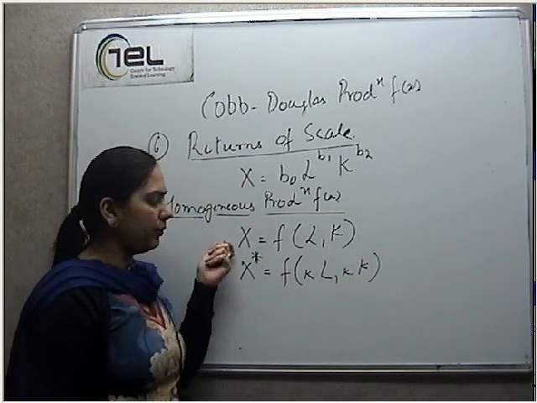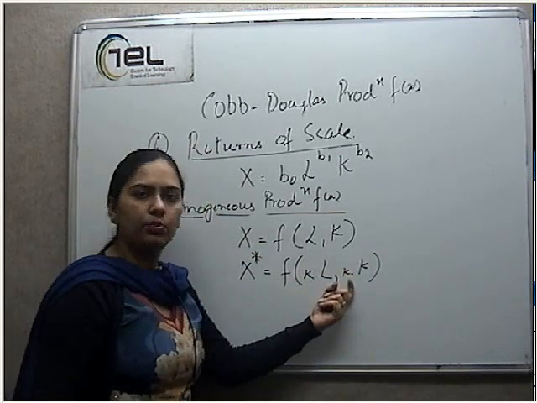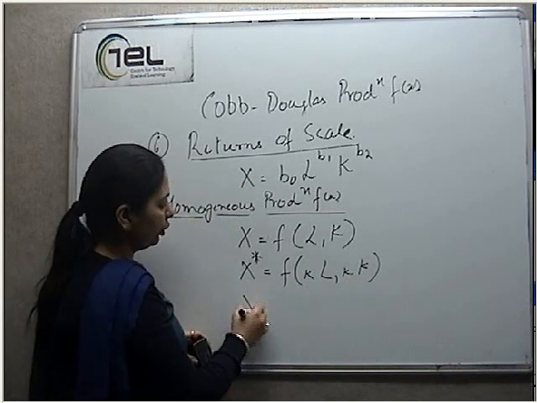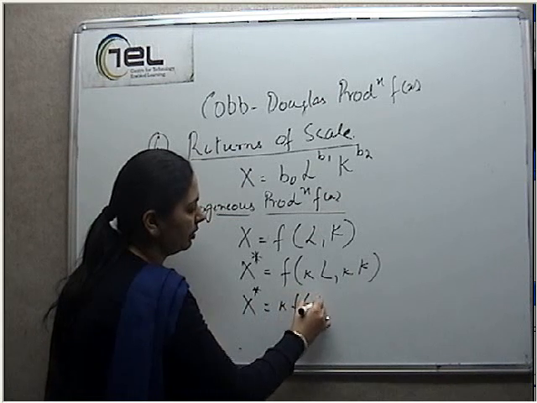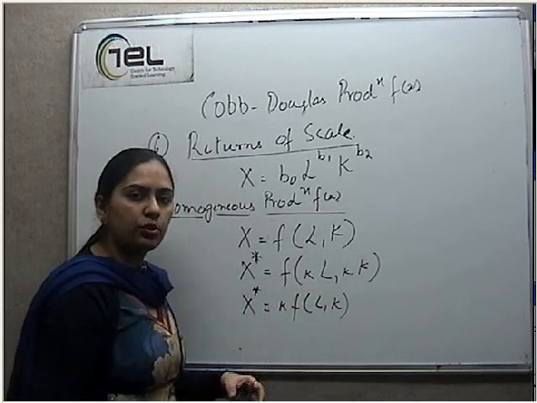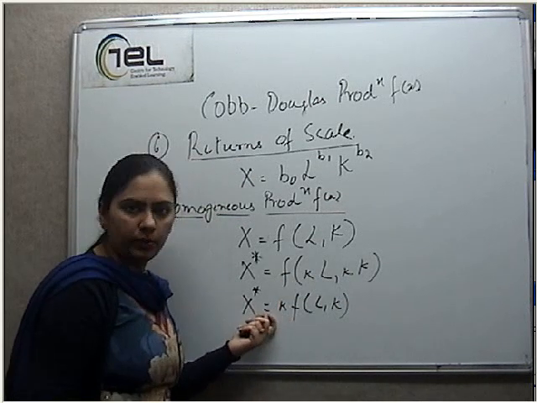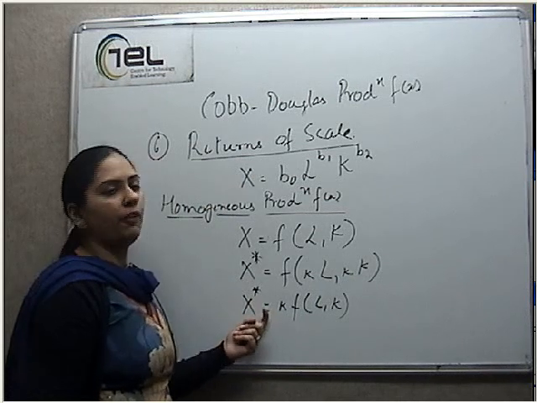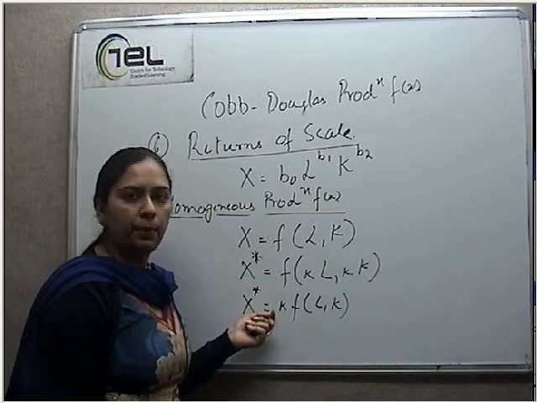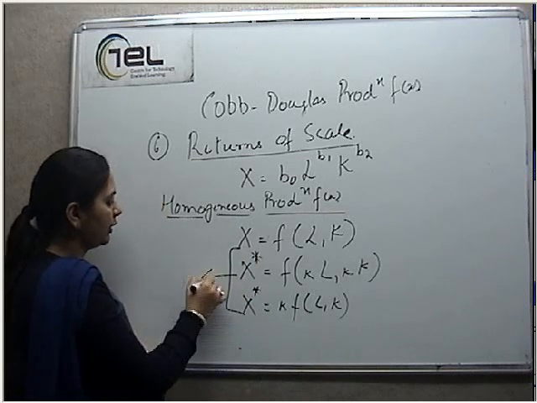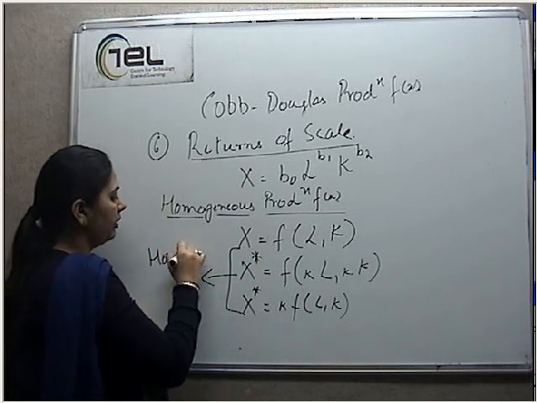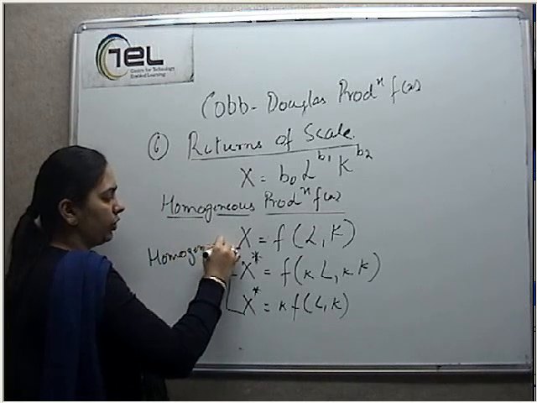So I multiply my function by a factor which is small k. I should be in a position to factor this small k out. That means I should be in a position to take this small k as common in case this particular function is a homogeneous production function. So if this situation is possible, we refer to this function as a homogeneous production function.